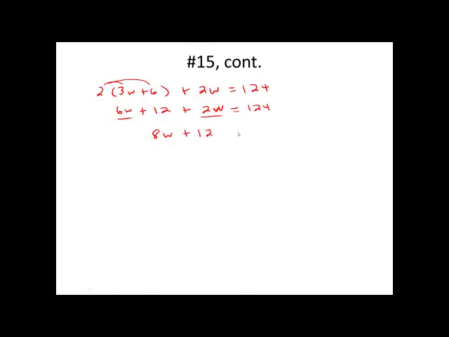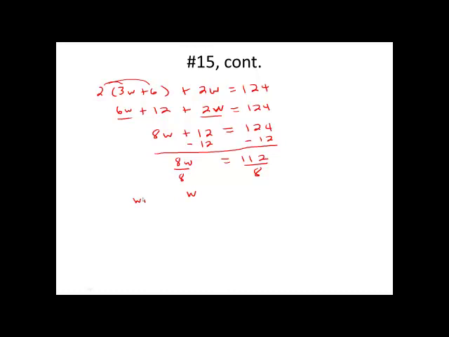Combine those to make 8w plus 12 equals 124. Remember, we're trying to isolate w, so now we want to subtract 12 from each side. And 8w equals 112. Finish this equation off to make it into 1w by dividing both sides by 8.